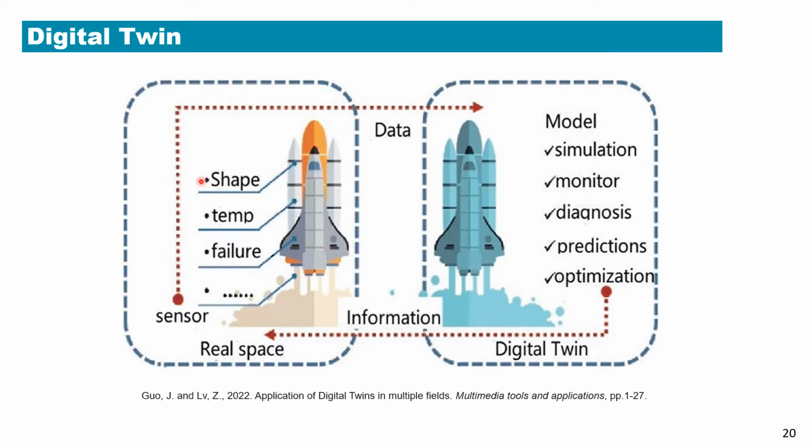As you can see in this figure, in a digital twin, the data is collected from the physical asset, where this data is being used by many tasks like simulation, monitoring, diagnosis, prediction and optimization. And of course, doing all those tasks and procedures can improve the system and its behavior.